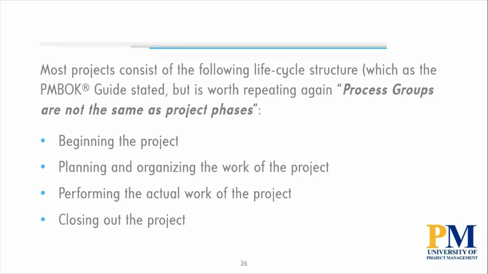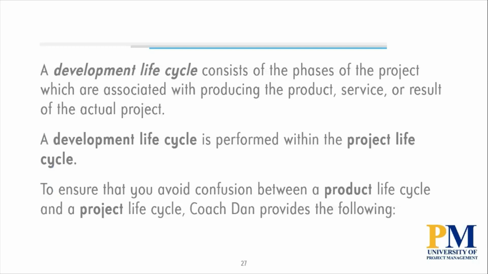Well, monitoring and controlling really spans those four. The development life cycle consists of the phases of the project which are associated with producing the product. A development life cycle is performed within the project life cycle.